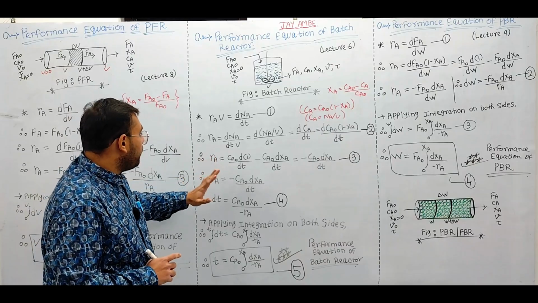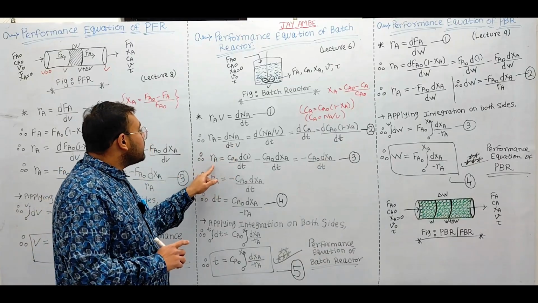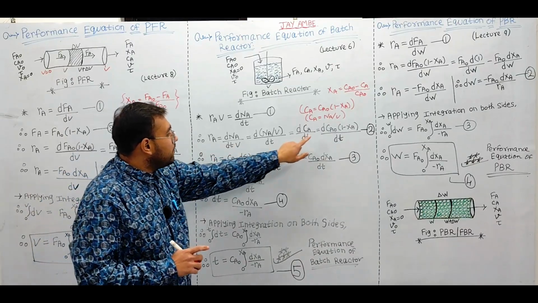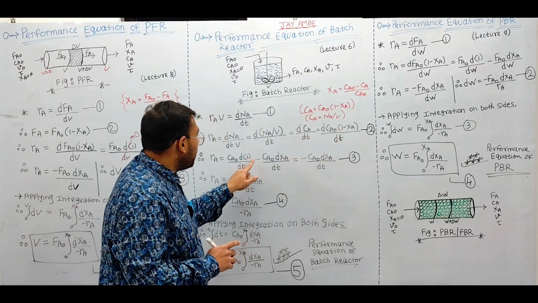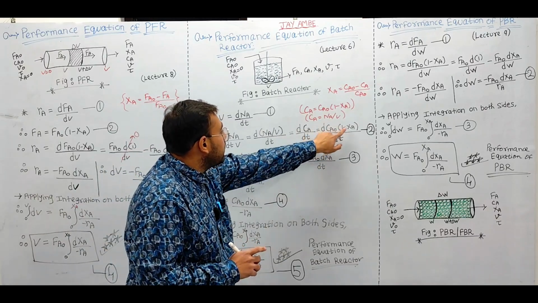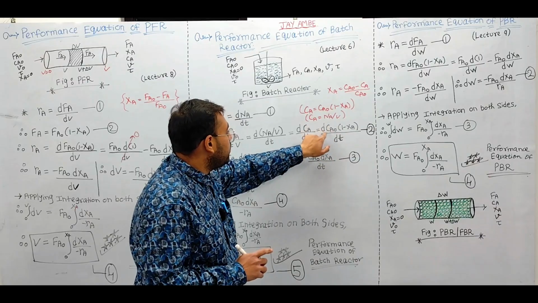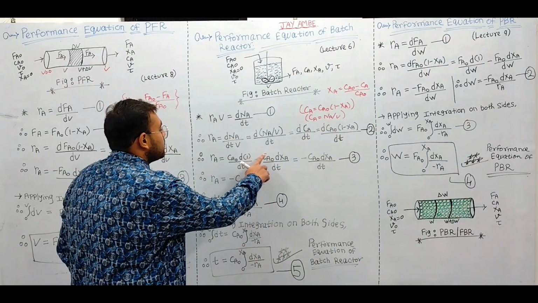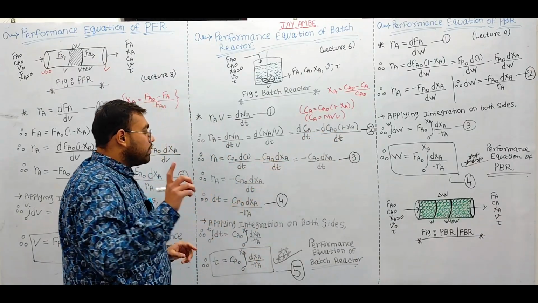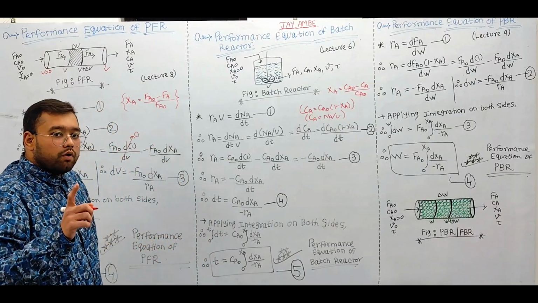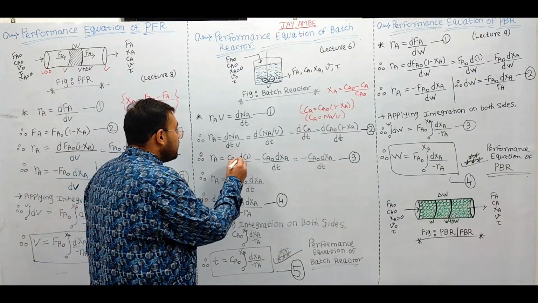So we will obtain the formula as Ra is equal to Ca naught into d of 1 by dt minus Ca naught into dXa by dt, right? Now similarly here the differentiation of a constant will be equal to 0, right?